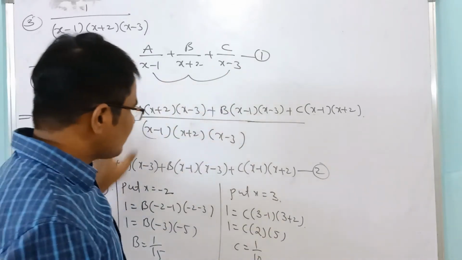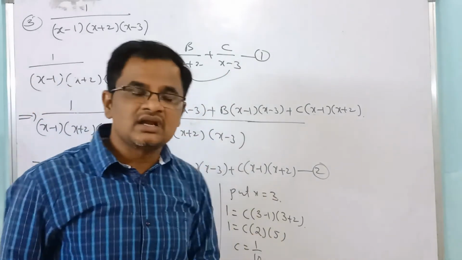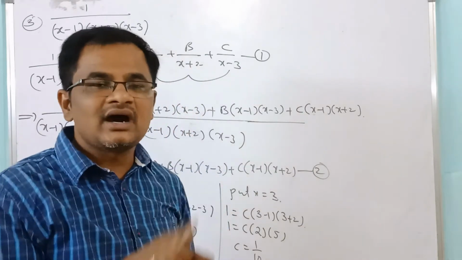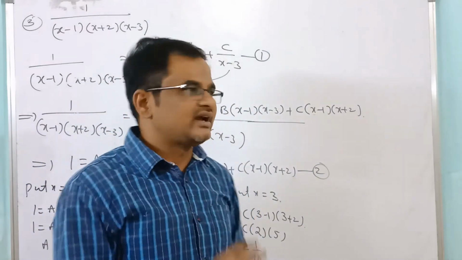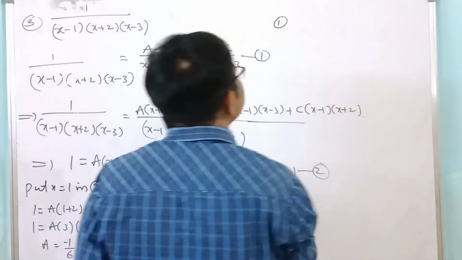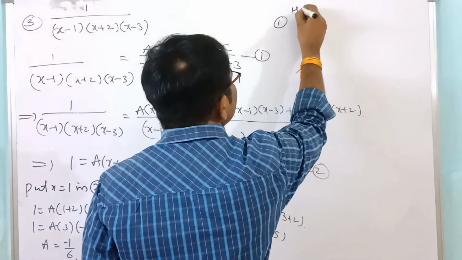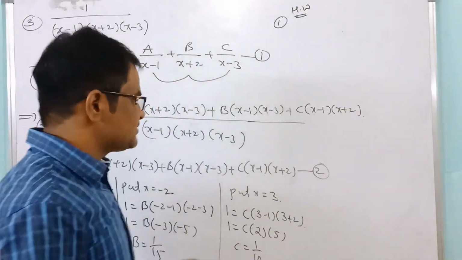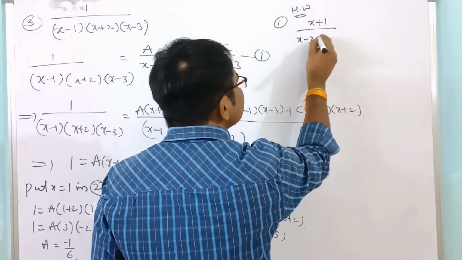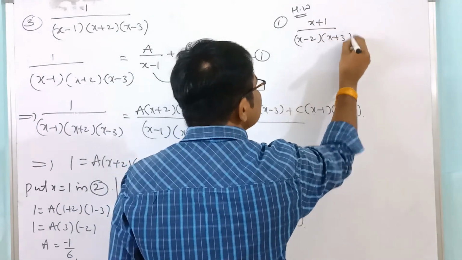So these are the three problems based on the first method of proper fractions, that is, non-repeated linear factors. Now, for homework purposes, I am giving three problems for you. First one is x plus 1 by x minus 2 into x plus 3.